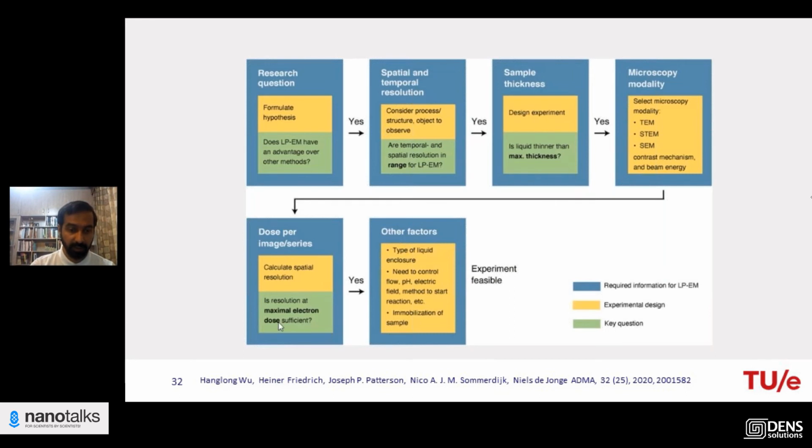You should consider the maximum electron dose on your system and whether it is sufficient using each of these holders, or graphene or cryo, whatever, and then what the effective parameters on your system are, like the control of the flow, pH and electric field, which can help you to better design your experiment with electron microscopy.